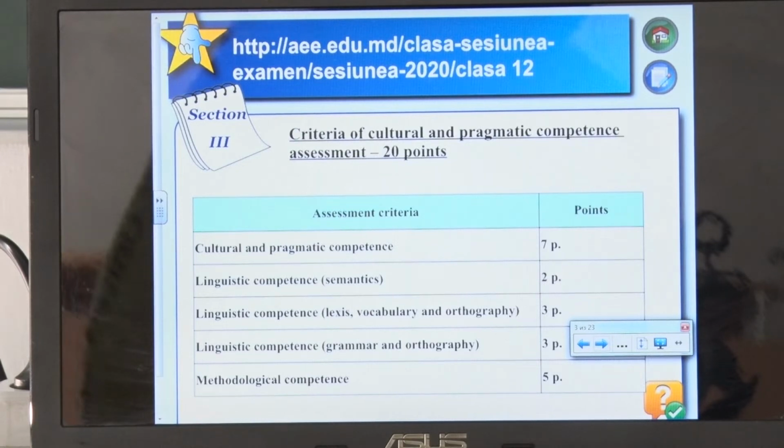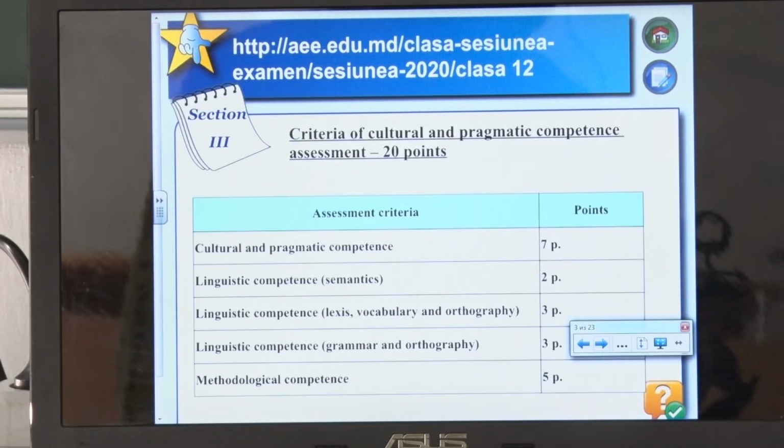First, you can get 7 points for cultural and pragmatic competence. This is the most important part of the criteria. Next, you are going to get 2 points for linguistic competence, that's for semantics. For linguistic competence on lexis-based vocabulary and orthography, you are going to get 3 points.